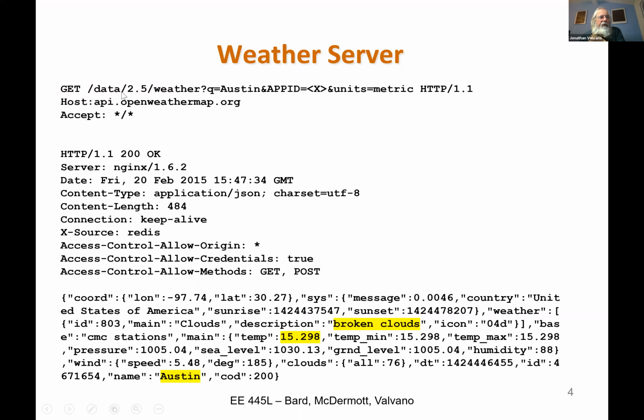And so basically this is an ASCII string that you're going to send to openweathermap.org, and then the weather server will respond with another TCP packet. Obviously that's five years old at this point, but basically it sends you what you asked for, and that is the weather.